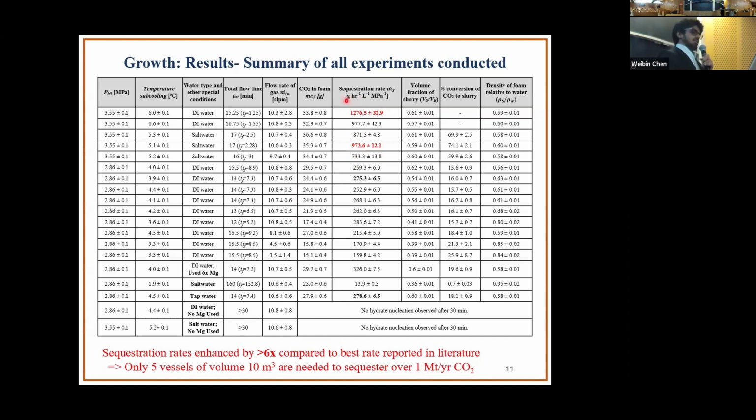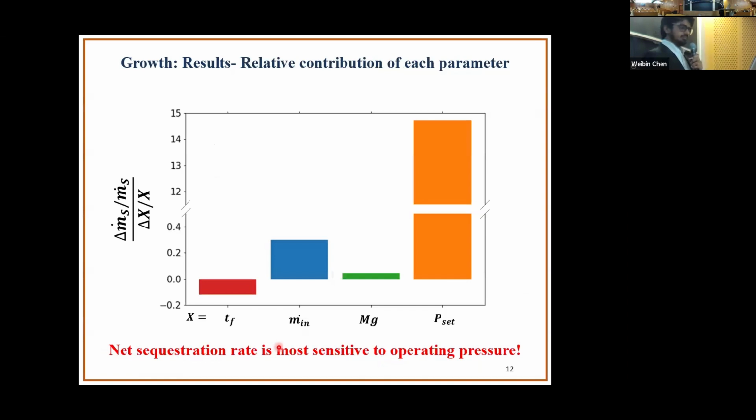Another thing to note is that this sequestration rate is greater than 6 times the fastest that we have seen in the literature for hydrate formation. And the reason for that is continuous interface renewal with the internal flow. We did a parametric analysis of pressure, flow rates, and magnesium on hydrate formation. We see that the more driving force you have for hydrate formation, the rate increases, which is expected because hydrate formation is a thermal reaction.